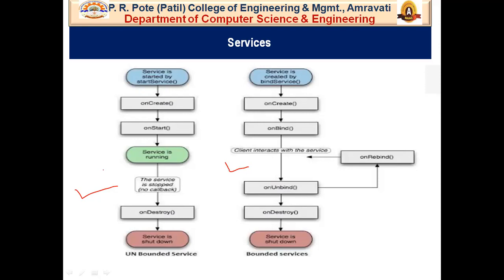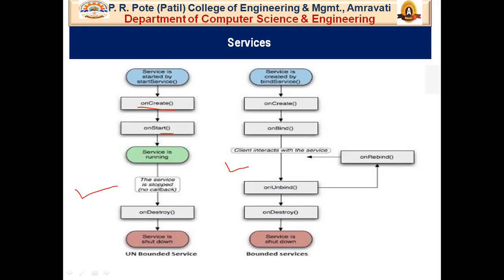Once it is started, the flow comes to the onCreate method. Then it goes to the onStart method. From there, till we call the stop service method or stop self method, the service will continue to execute and process in the background.